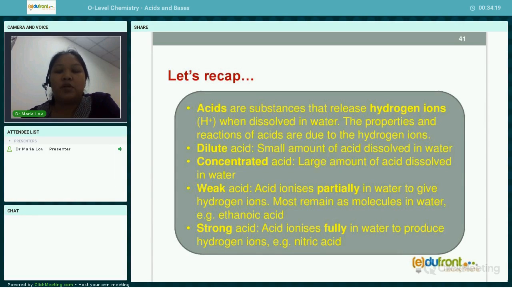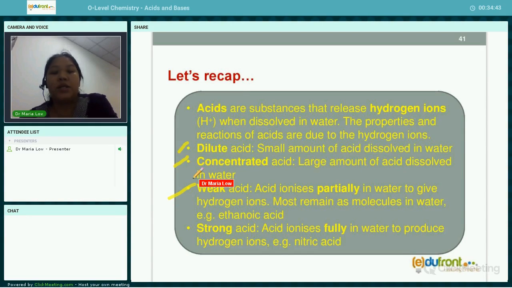Another term that we have said earlier on are dilute acids. What it means is that you have a small amount of acid that dissolves in water. Then we have concentrated acid. Concentrated acid means you have a large amount of acid that dissolves in water. Then we have another term known as weak acid.